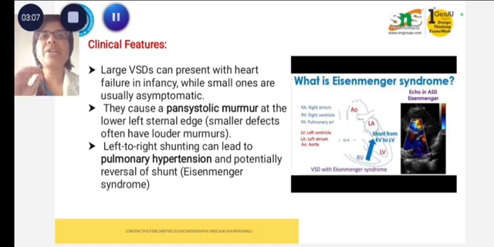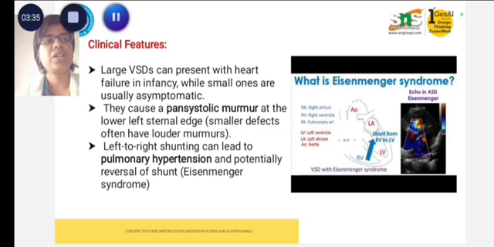At that time the patient may feel cyanotic, breathlessness, lower limb weakness, blurred eyes, breathing difficulties, constipation, indigestion, sleeplessness, fatigue, muscle weakness, and so on. So this is called Eisenmenger syndrome. Initially it is a left to right shunt, and later it turns to a right to left shunt with dilated chambers.